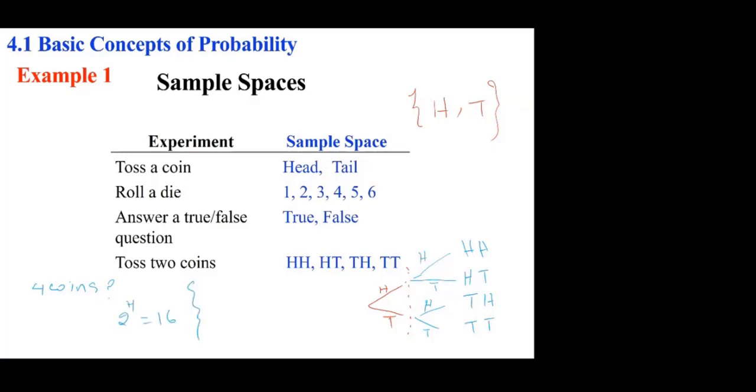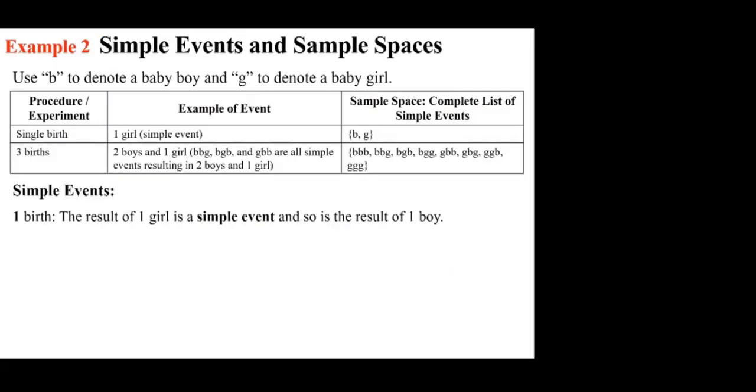If we have 5 coins, we have 2 to the power of 5, 32. So each coin has only 2 outcomes, and that is being raised to a proper power. We are continuing with the concept of a simple event and sample space.